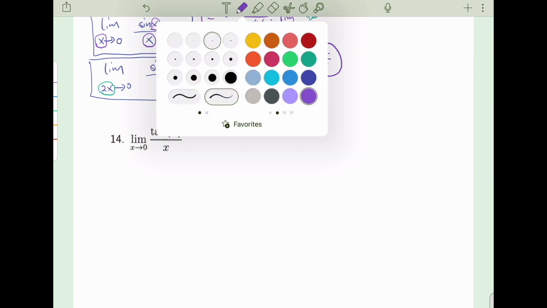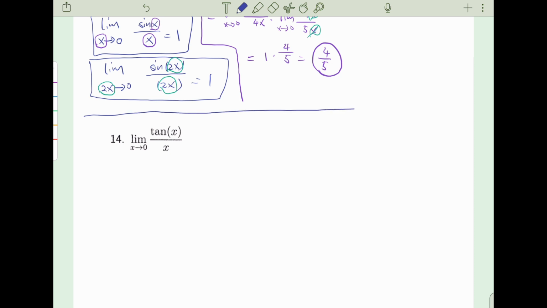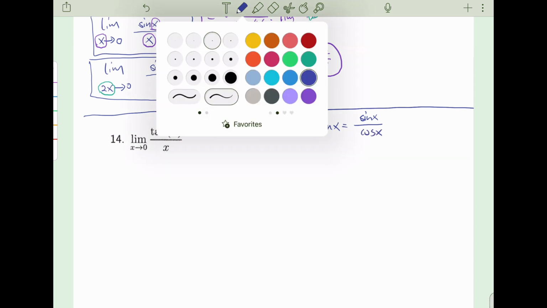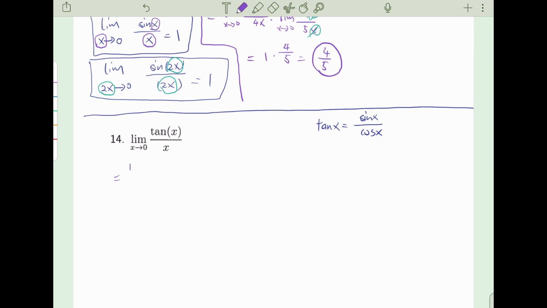What is the relation between tangent of x and sine of x? Tangent of x is equal to sine of x divided by cos of x, right? So now I can start by replacing the tangent of x with the sine of x divided by cos of x, so that I can get closer to the desired form, right?